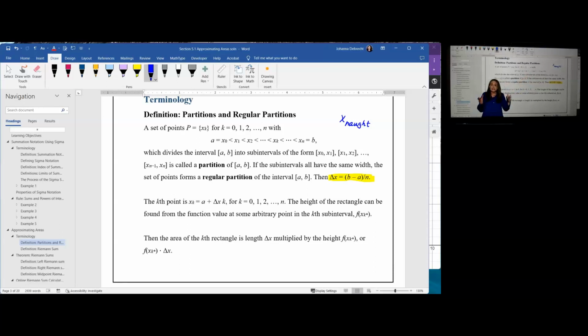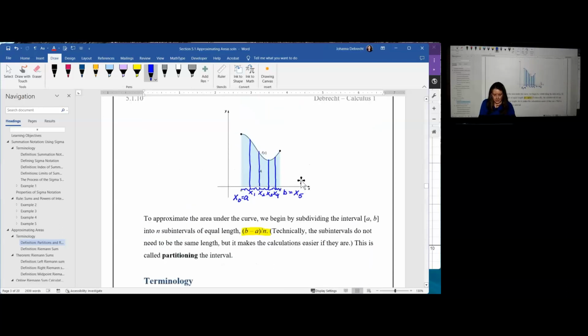But it divides it into n regions. Let's look at the picture again to see how this works. Notice we had an x naught, x1, x2, x3, x4, x5, which is 6 different x values. But when you look at the regions, there are only 5.